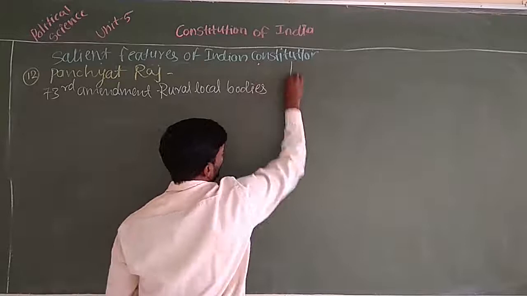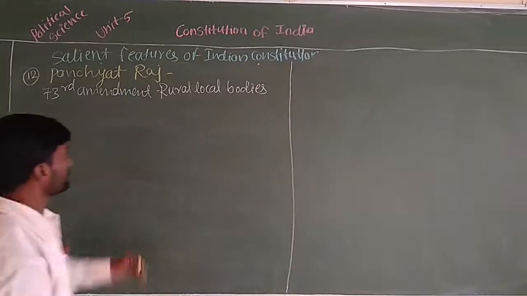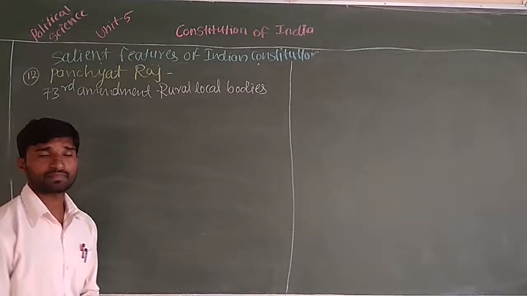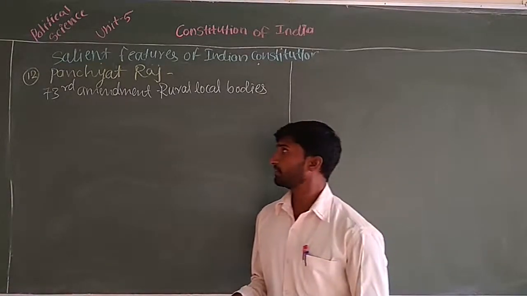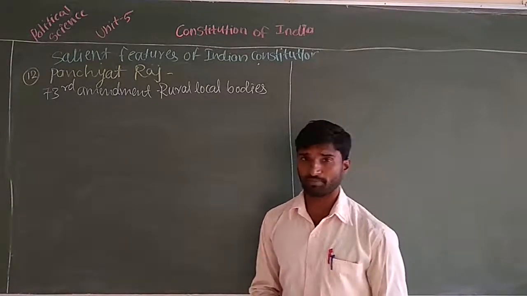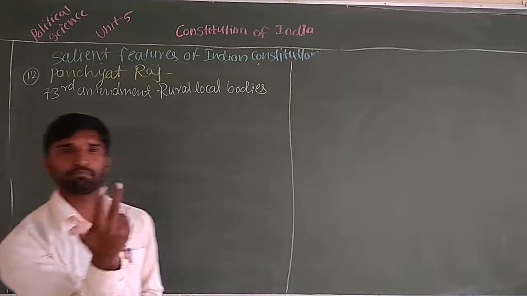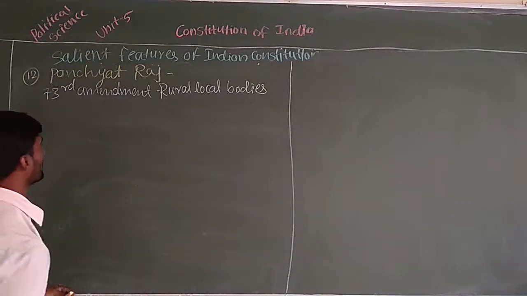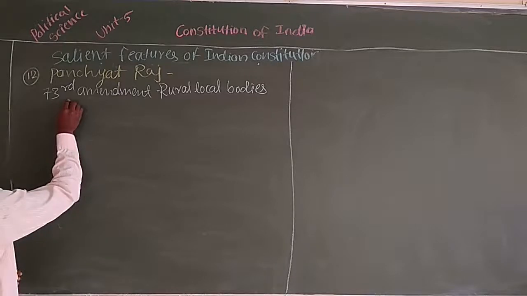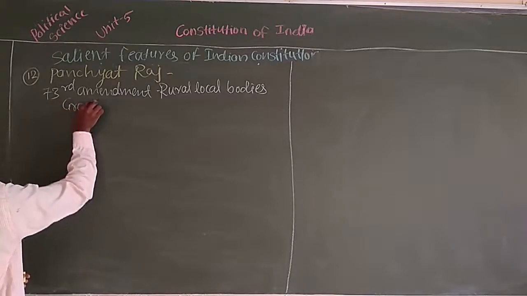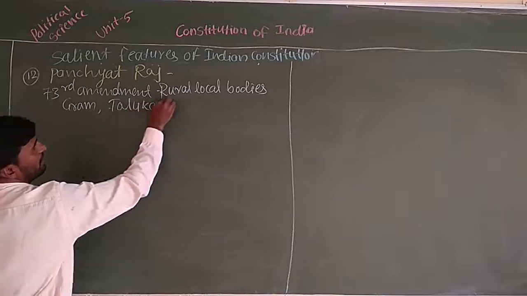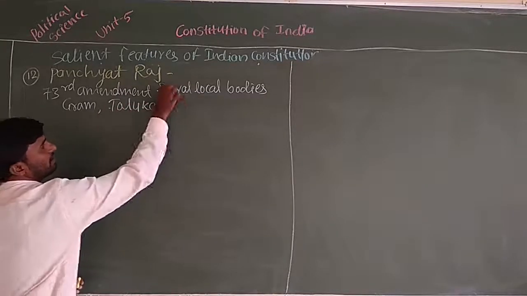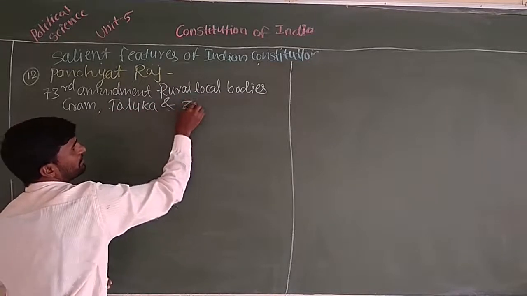Which are the rural local bodies? Can you tell? It is called a three-tier government as per the 73rd amendment. That is GP, TP, ZP: Gram Panchayat, Taluka Panchayat and Zilla Panchayat.